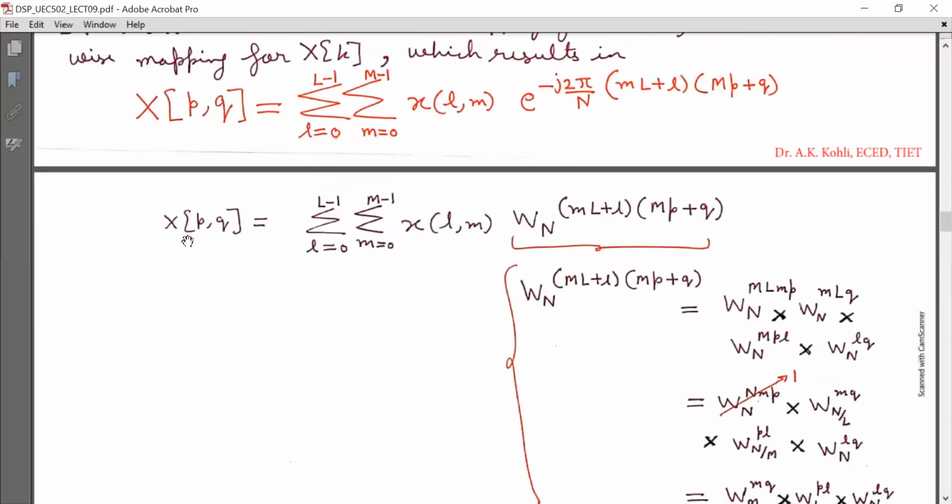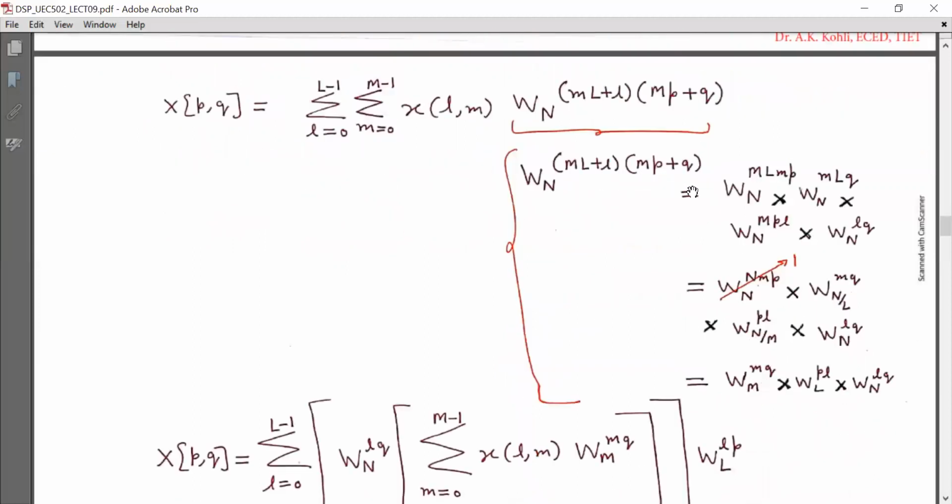Now capital X(p,q) is equal to the summation l running from 0 to L minus 1, m running from 0 to M minus 1, x(l,m) W raised to power. Here we are substituting, instead of the exponential, W raised to (Ml plus l)(Mp plus q). Now first we handle the twiddle factor. We will expand the twiddle factor through mathematical operation as shown.